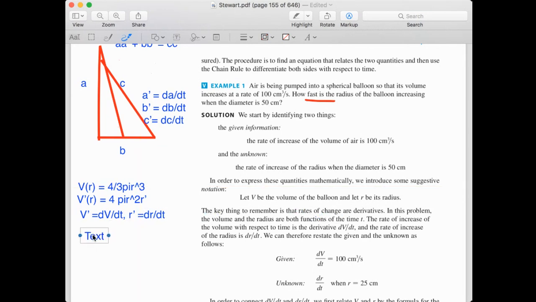So V prime is 100 equals 4 times pi. And R is given. When the diameter is 50, or when R is 25, what's the instantaneous rate of change of the radius? So R is 25. So 4 times 25.